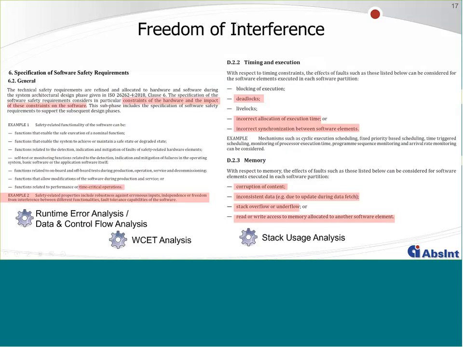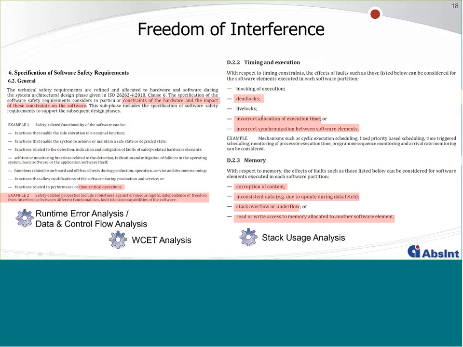One aspect which is also carried throughout the norm, and which you will see linked to different places in the requirements, is freedom of interference in general. For example, this appears under the software safety requirements. Freedom of interference has many aspects. It has aspects in mixed criticality software and interactions between software components. Then there is the classical interference in timing and execution.